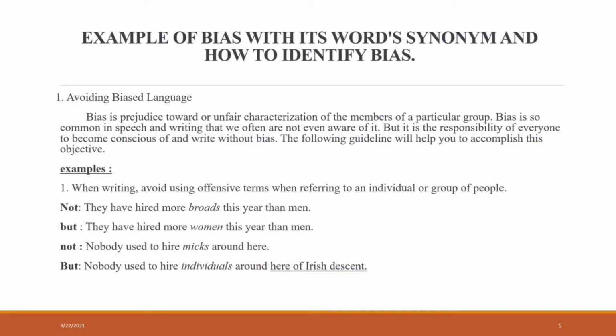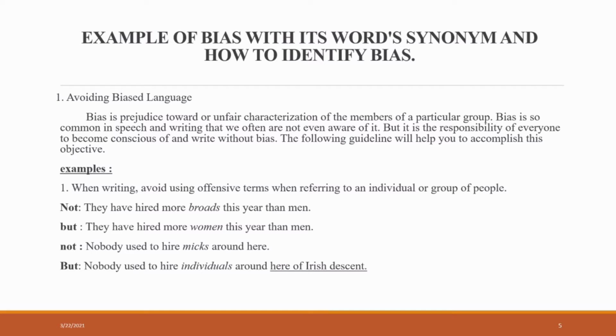Example of bias with its words, synonyms, and how to identify bias. Number 1. Avoiding biased language. Bias is prejudice toward an unfair characterization of the members of a particular group. Bias is so common in speech and writing that we often are not even aware of it.